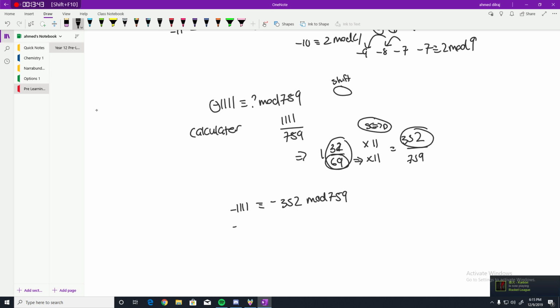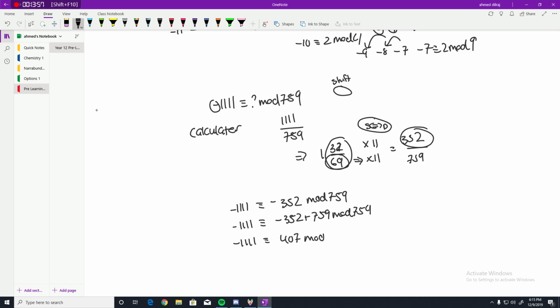Then you just add 759 and you get 407 mod 759. Cool? So hopefully that makes some sense.